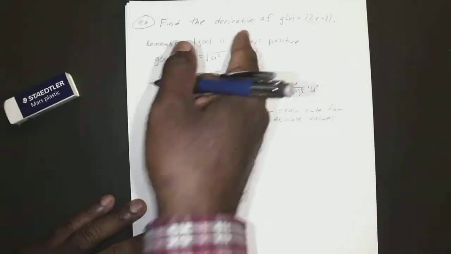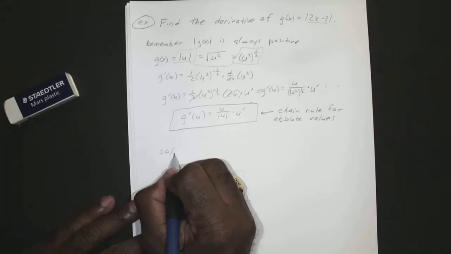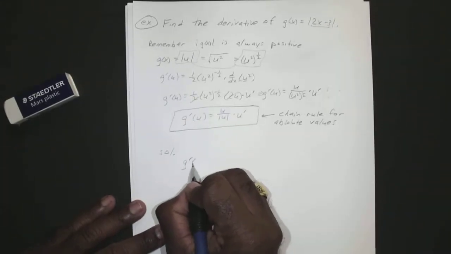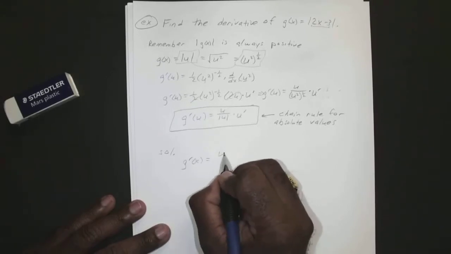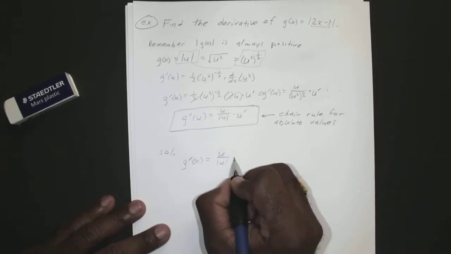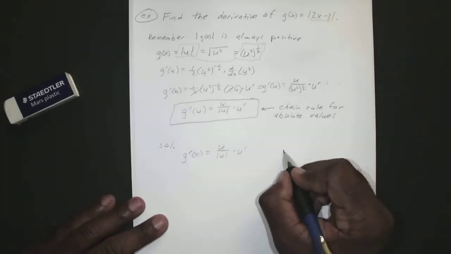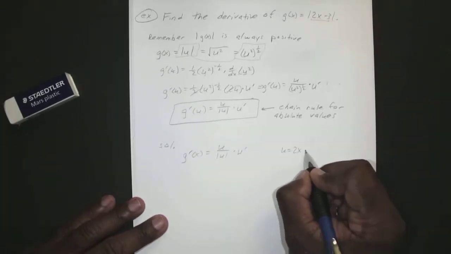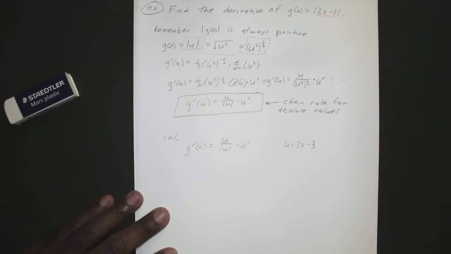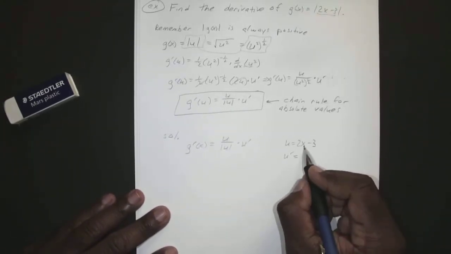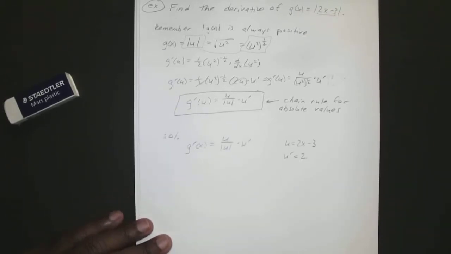Okay, so if we want to solve this one, g prime of x, remember that's u over the absolute value of u times u prime. What if we let u equal 2x minus 3? u prime, or derivative of u, is just 2.